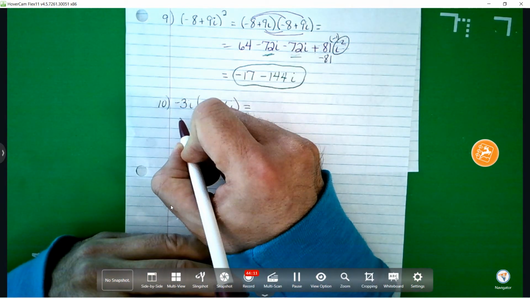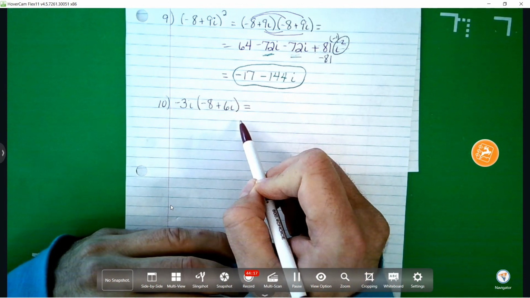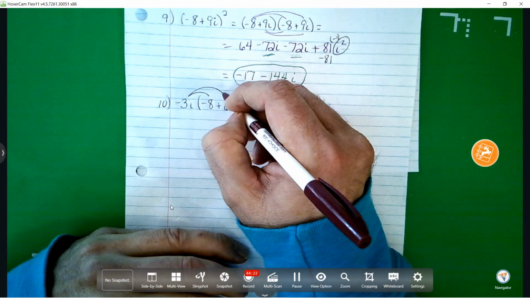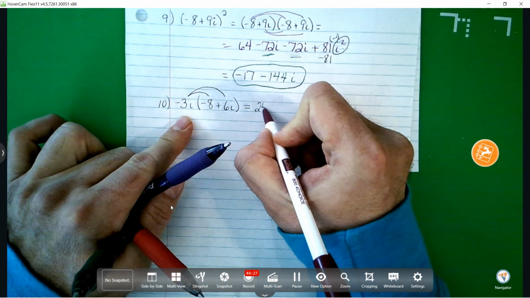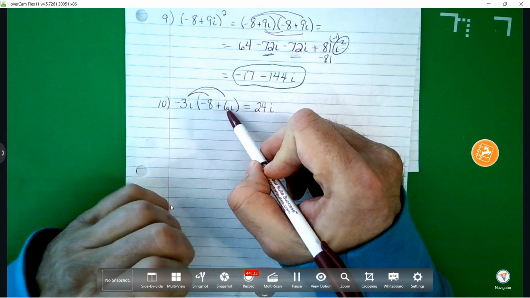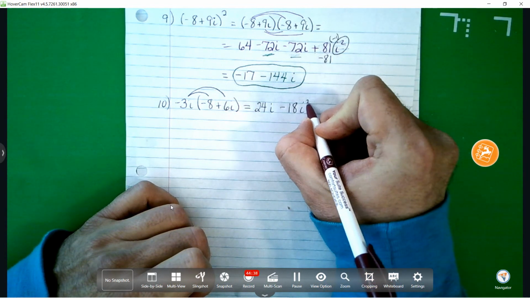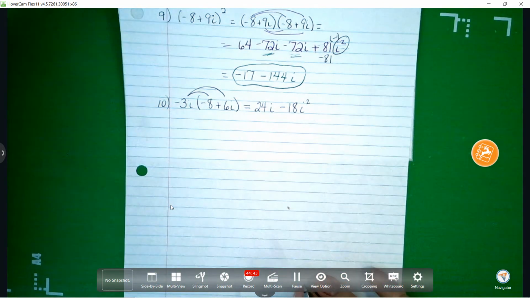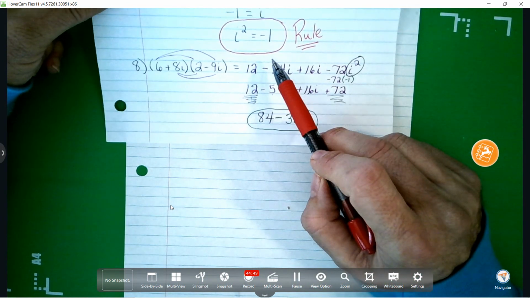But let's see. Here, negative 3i times negative 8 plus 6i. Well, here we don't really need to FOIL. All you got to do is just distribute the negative 3i. Negative 3i times negative 8 is a positive 24i. The negative 3 times a positive 6 would be a negative 18i squared. Now, whenever you have an i squared, you need to replace it with a negative 1.